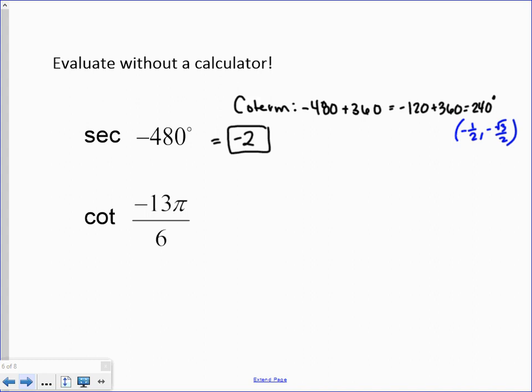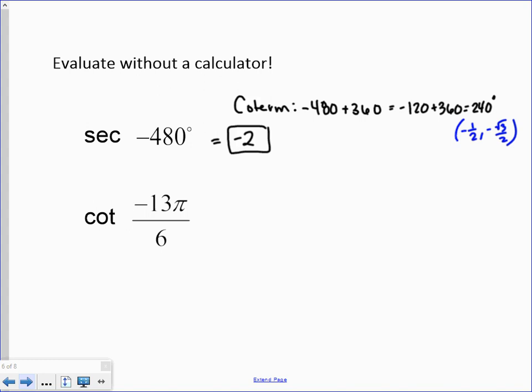So what does negative 2 represent? It's the ratio of the hypotenuse to the adjacent. The hypotenuse is twice the adjacent side, and it's negative because you're going left. The hypotenuse is the radius, so it's positive.